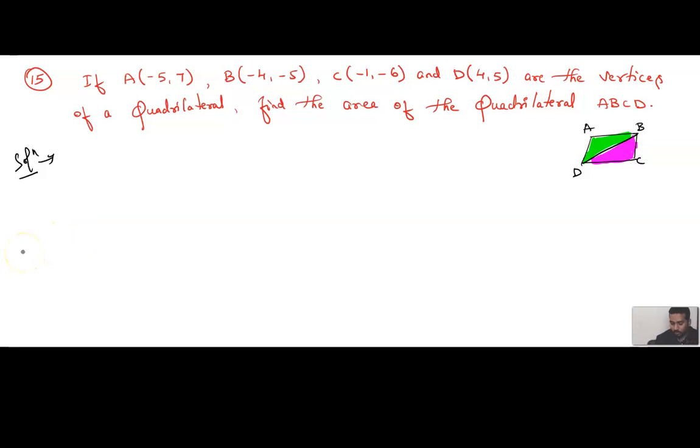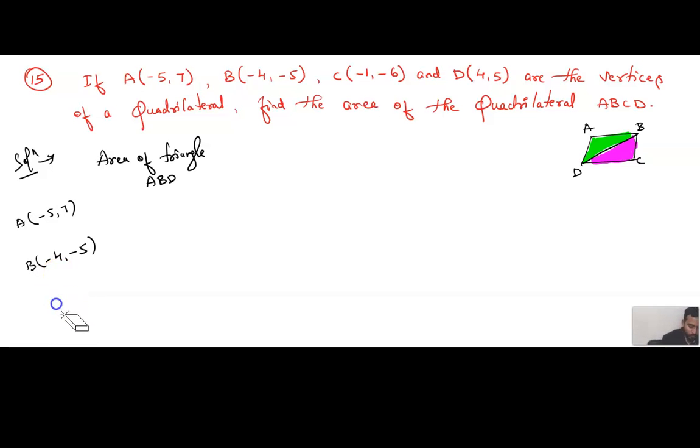Now first let me find the area of the first triangle, ABD. Just take ABD values. A is minus 5 comma 7, B is minus 4 comma minus 5, then C or D?